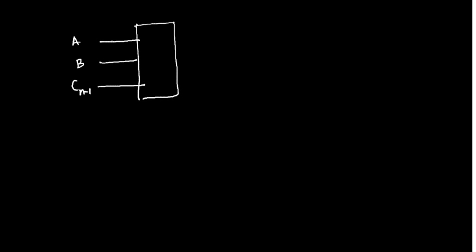That is the carry from the previous stage. If it is the first stage, I mean the LSB, if I am implementing this full adder for the lowest bit, of course this carry has to be 0, because there is nothing coming previous to that. And the outputs will be 2, that is sum and the carry of that stage. That is a full adder.